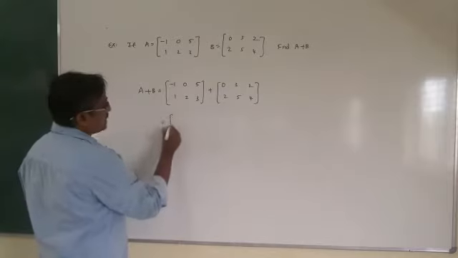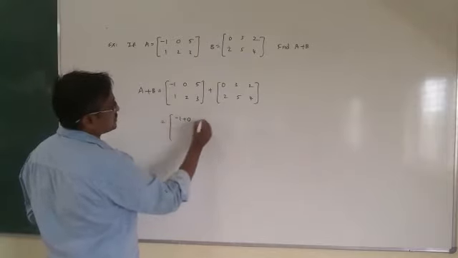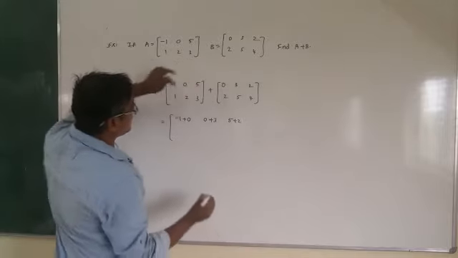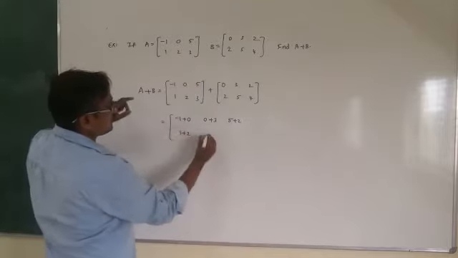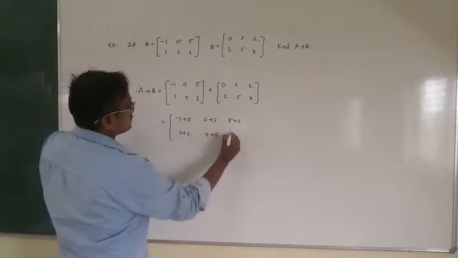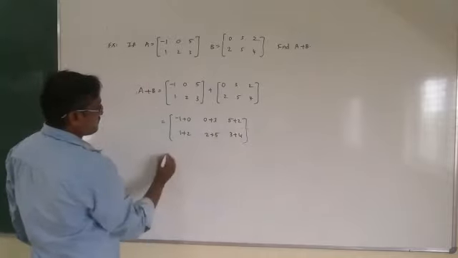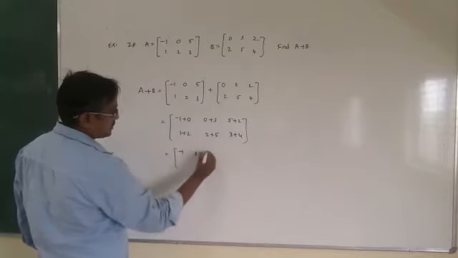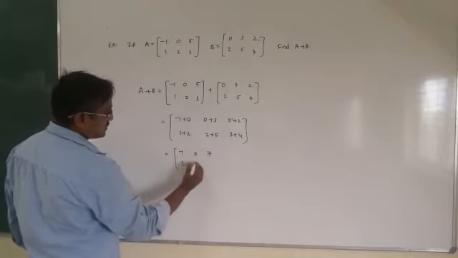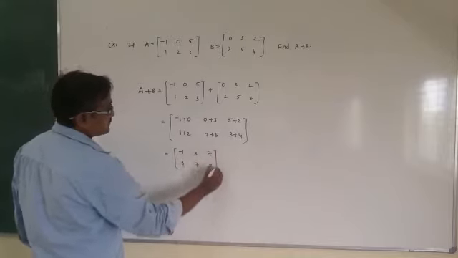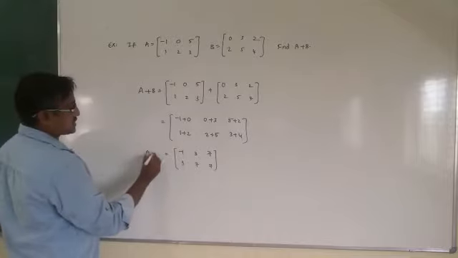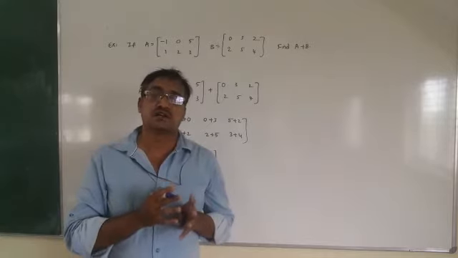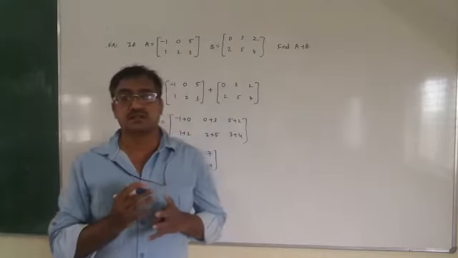So matrix -1 plus 0, 0 plus 3, 5 plus 2. You need to add the corresponding elements: 1 plus 2, 2 plus 5, 3 plus 4. So you will get matrix -1, 3, 7, 3, 7, 7. So this is the addition of matrices A and B. This is how you need to find the addition of two matrices A and B.